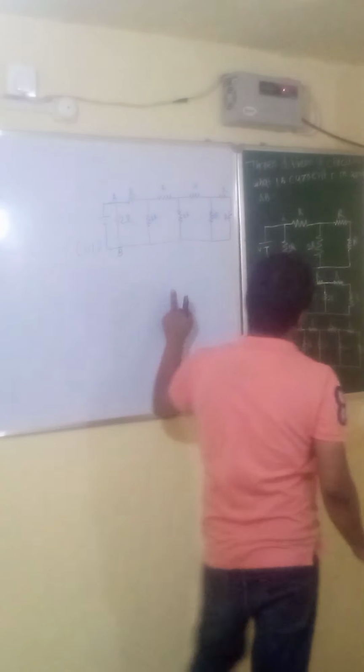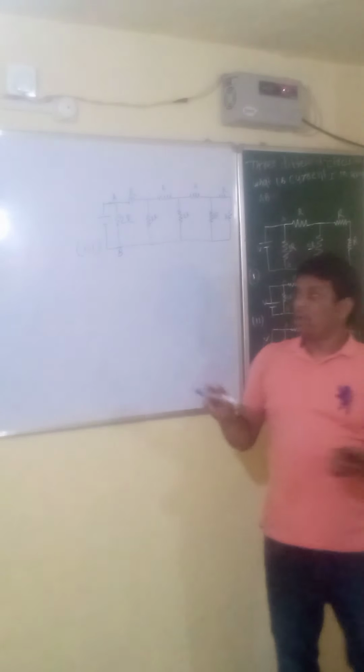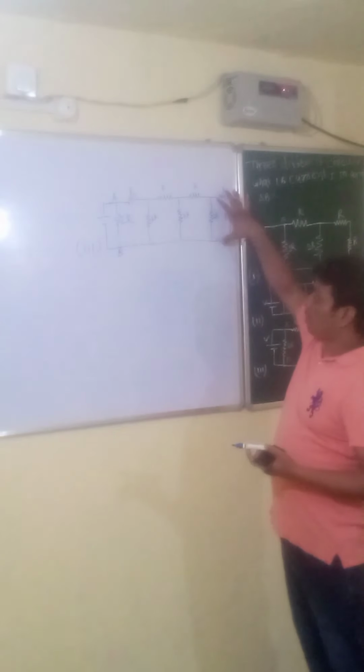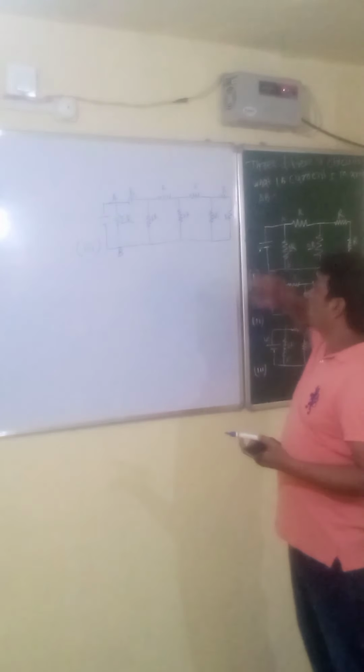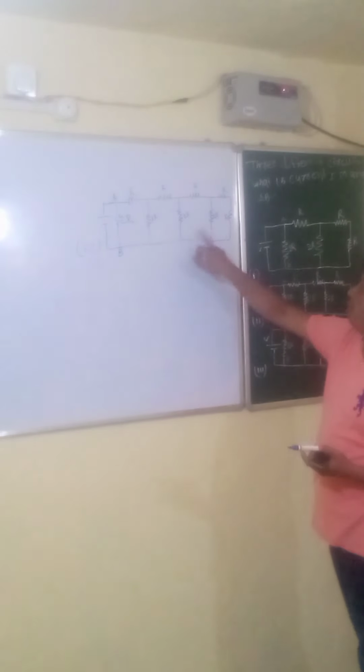This is the third circuit, where one more square is present. Here is the 2 square, here is the 3 square, here is the 4 square.